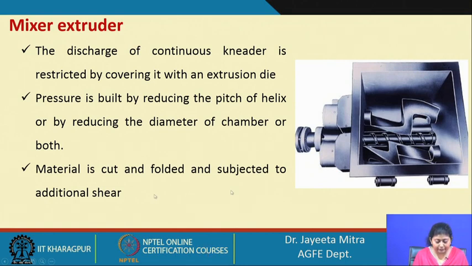Material is cut and folded and subjected to additional shear. In the small zone, along with that pressure development, the kneader blade will also move in the cohesive material. Because of the special shape, as we have mentioned in the Z shape blades, they will cut, fold and shear it, so additional force will be exerted on it. And a heating jacket is also provided.